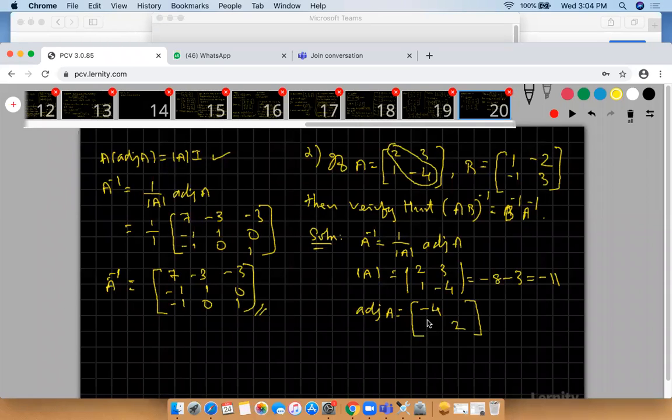This is interchanging these two elements and sign change of these two elements, only sign change. So therefore this is minus 3, this is minus 1. This is my adjoint of A. So therefore my A inverse is equal to 1 by determinant A, minus 11, and adjoint of A is minus 4, minus 3, minus 1, 2. So therefore this is my A inverse.